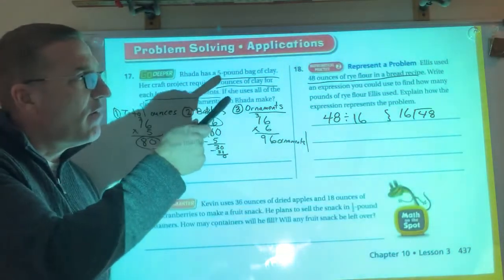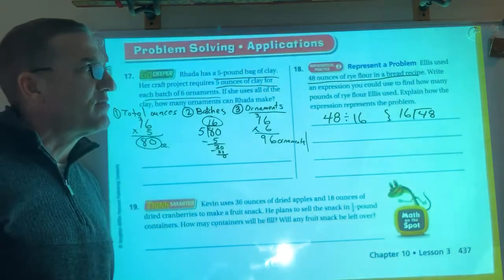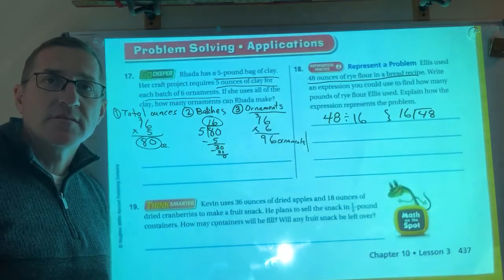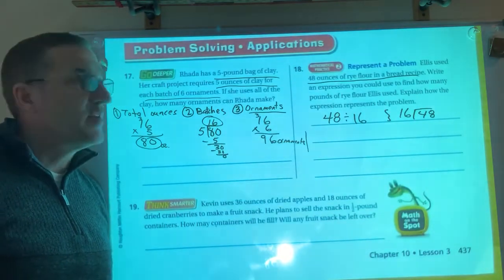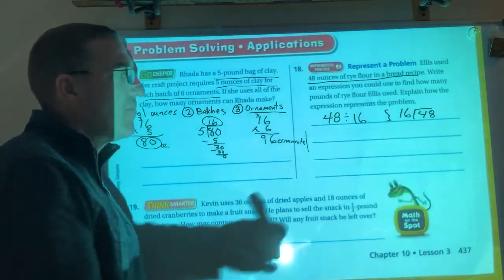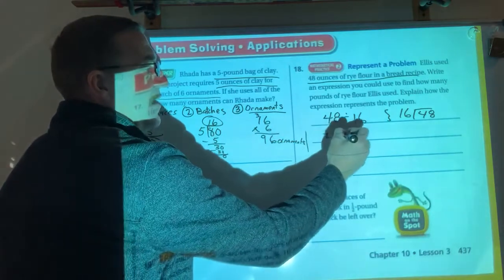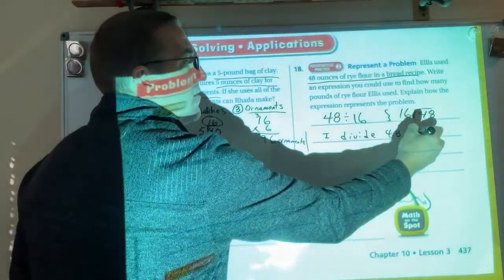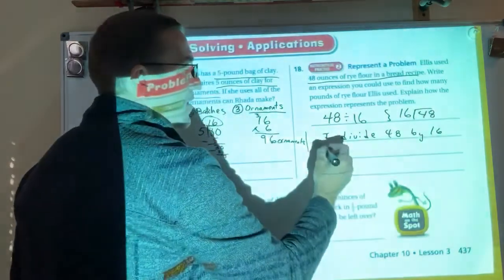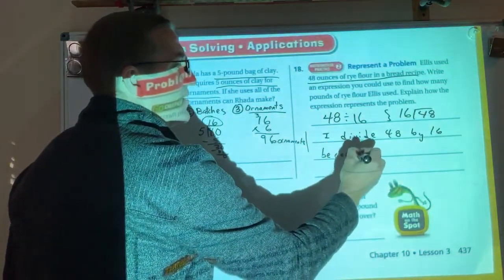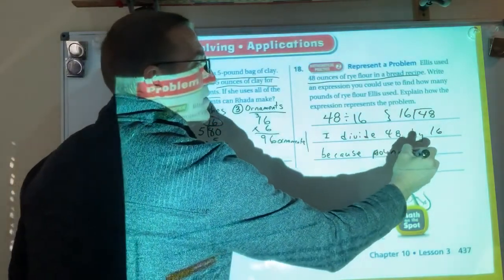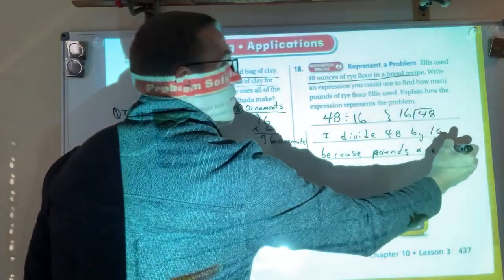But it says now, explain how the expression represents the problem. So what are we doing here? It's kind of like what we just said in the beginning. It represents the problem. I've got 48. I divide 48 by 16 because pounds are bigger.